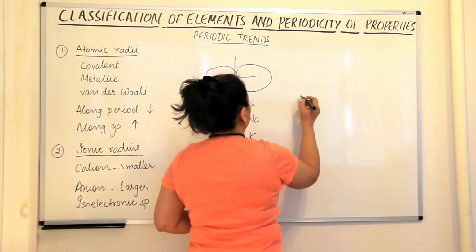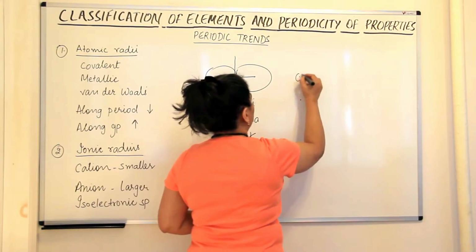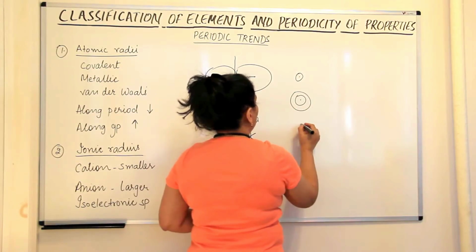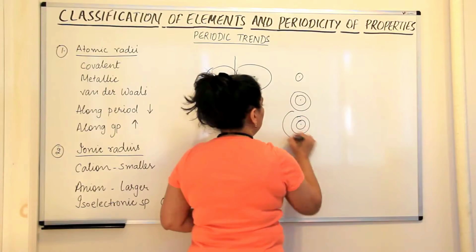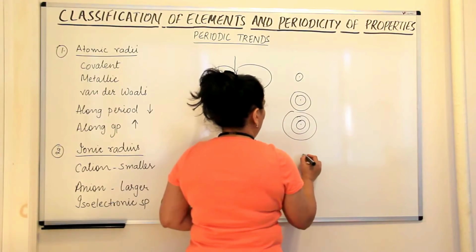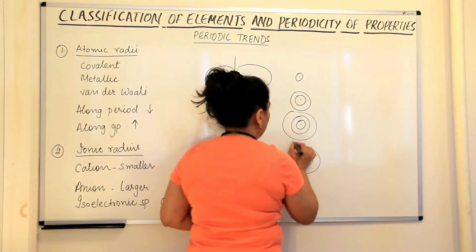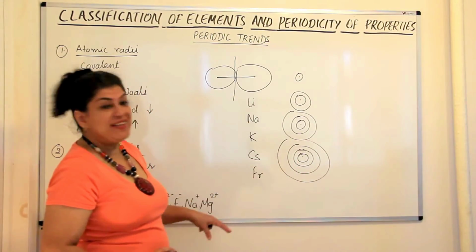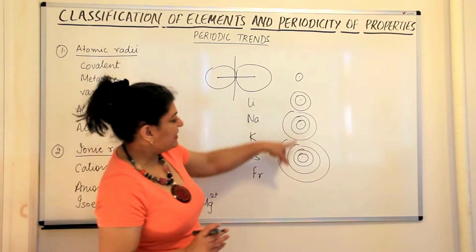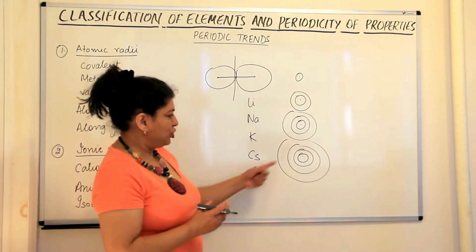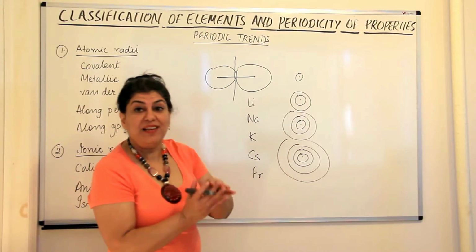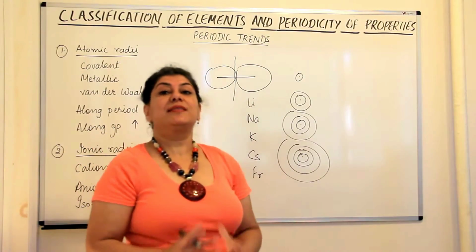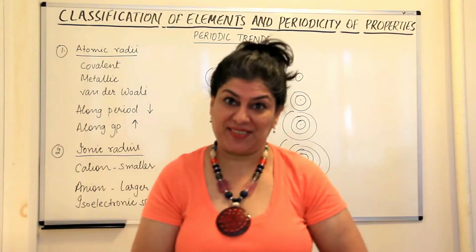Hydrogen has one electron in the first shell, lithium has one electron in the second shell, sodium would have one electron in the third shell, potassium one electron in the fourth shell. So as you go down, the shell is increasing and the same number of electrons are added in the outermost shell, but in the next shell. So as we go down in a group, the size of an atom increases.